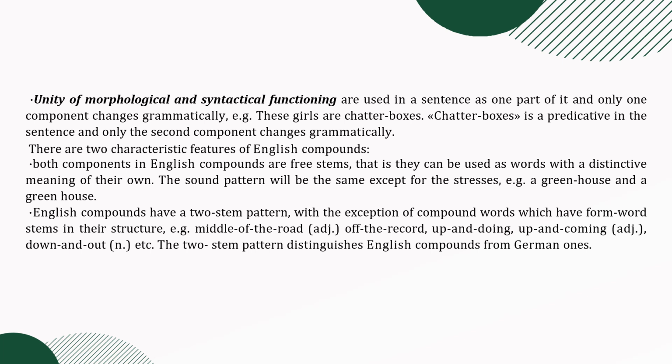There are two characteristic features of English compounds. Both components in English compounds are free stems, that is, they can be used as words with a distinctive meaning of their own. The sound pattern will be the same except for the stress. English components have a stem pattern with the exception of compound words which have form word stems in their structure.